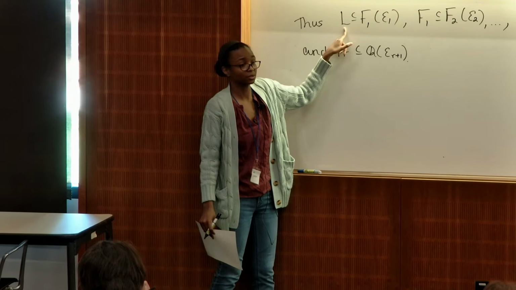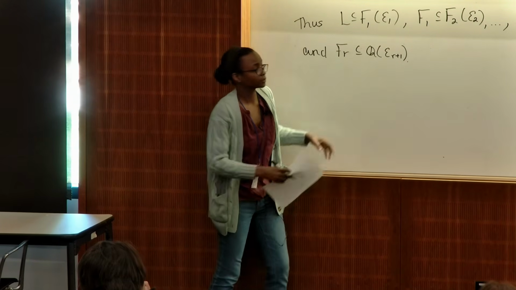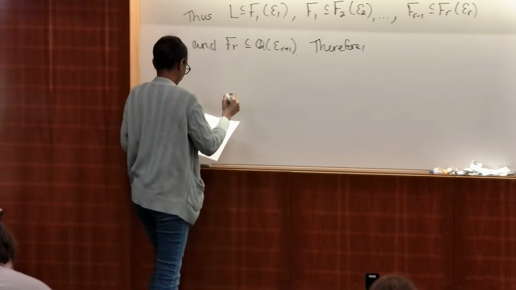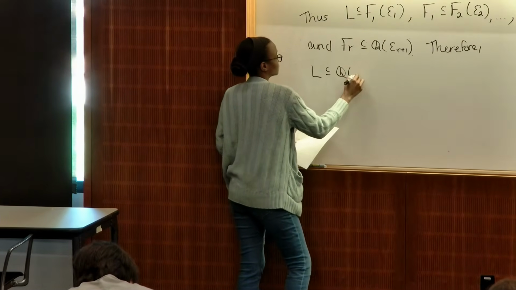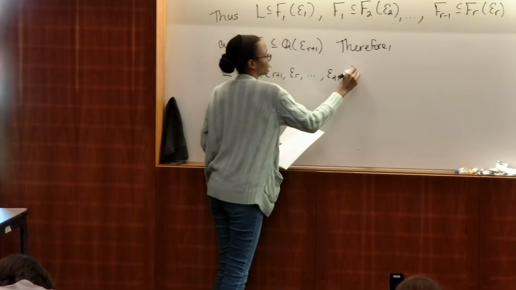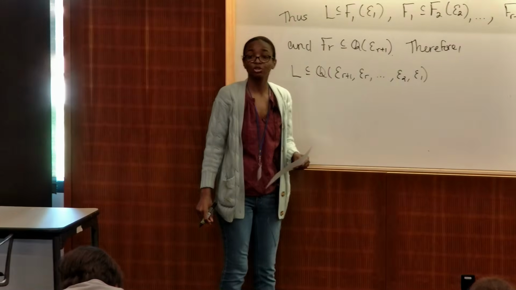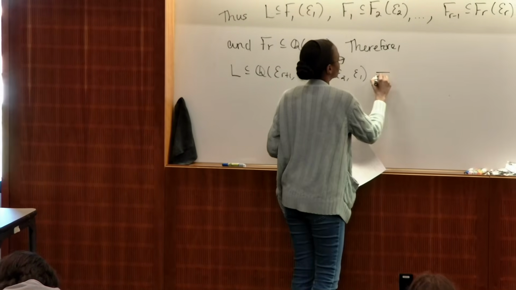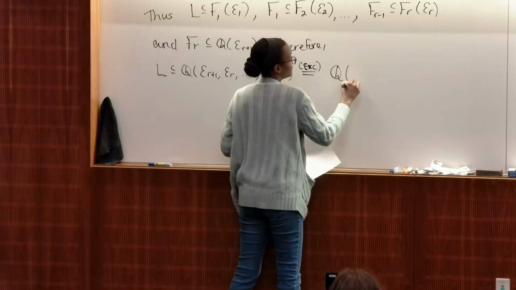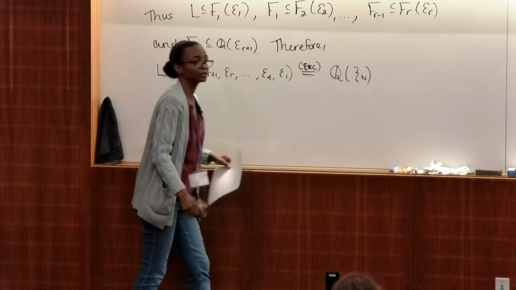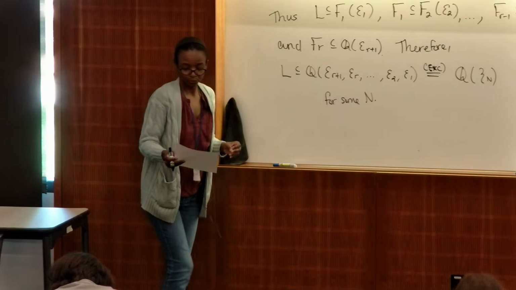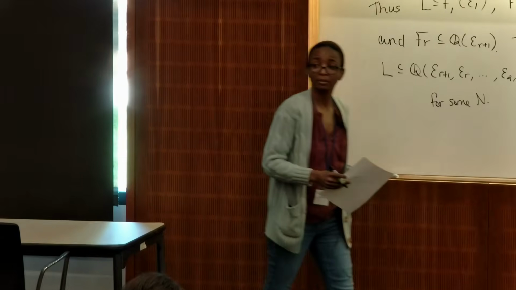This is contained in an extension where I adjoined a bunch of roots of unity, and my claim, your exercise to finish this off, I claim that this is contained in some cyclotomic extension. Okay?